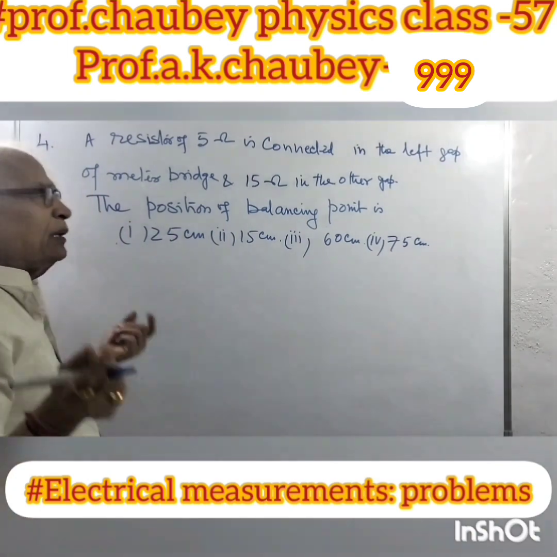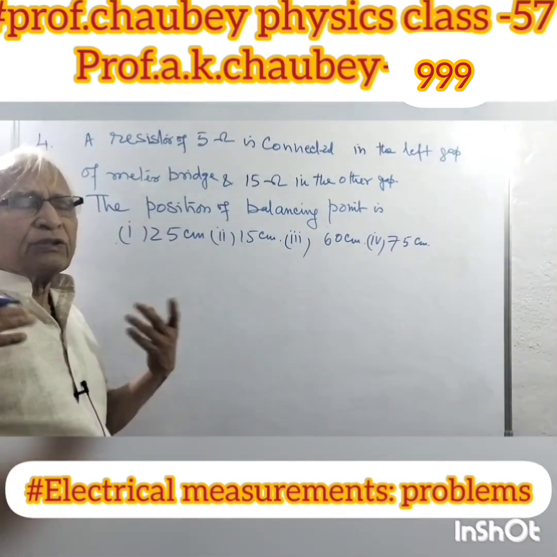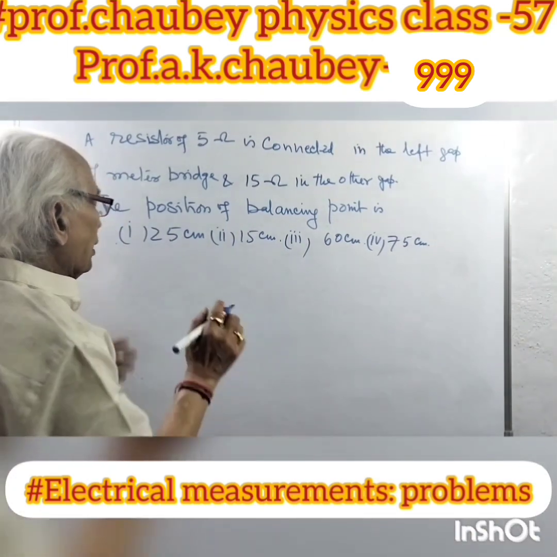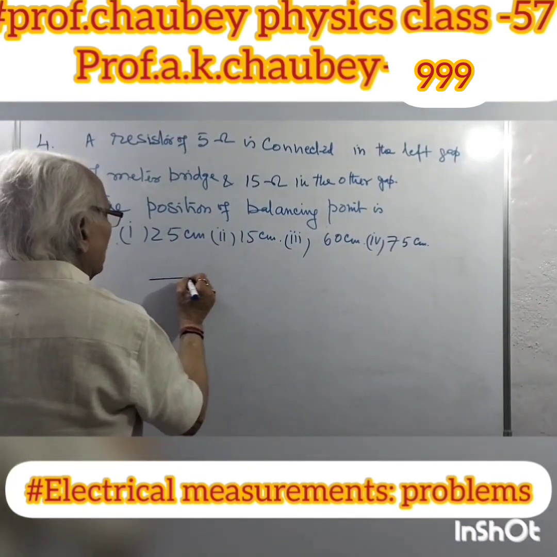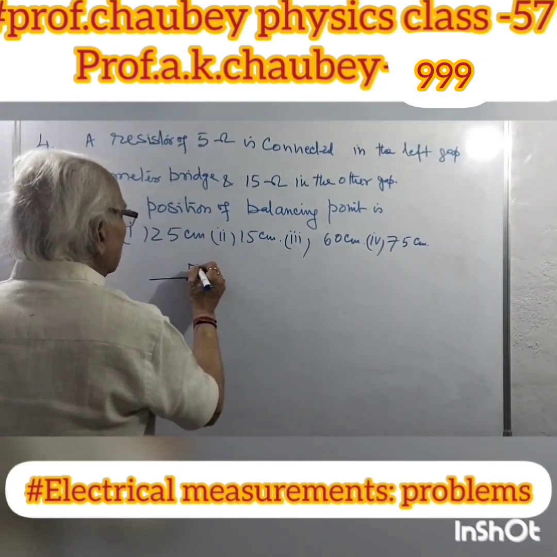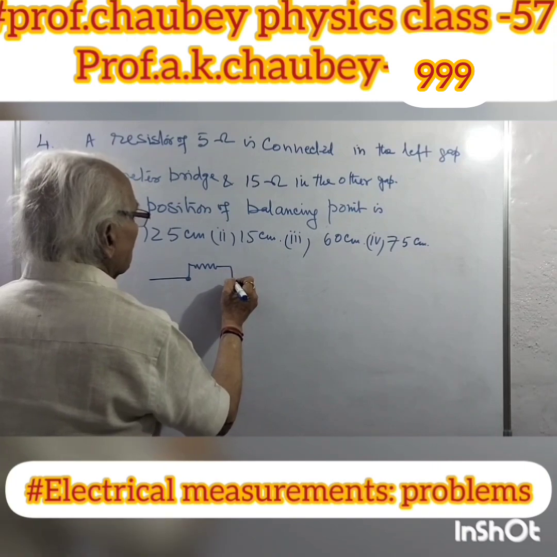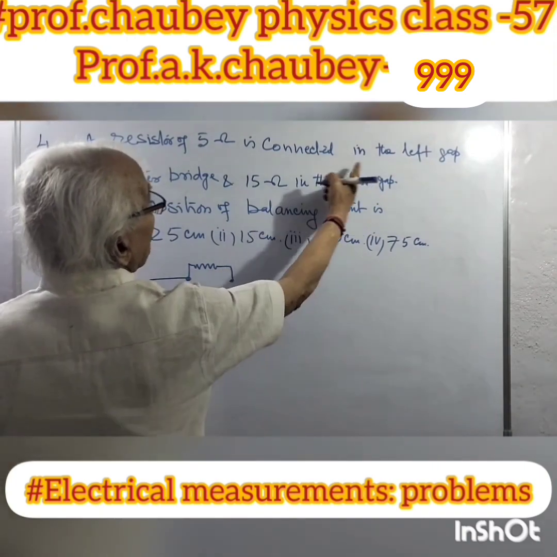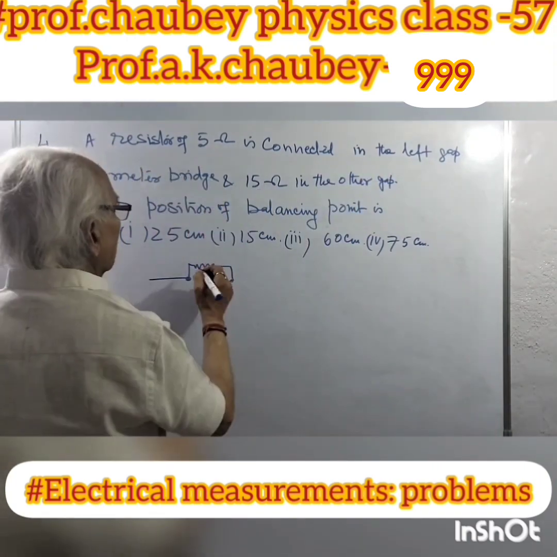So you know the meter bridge principle is the same as the Wheatstone bridge principle. So we have one gap, in which we connect a resistance of 5 ohm.